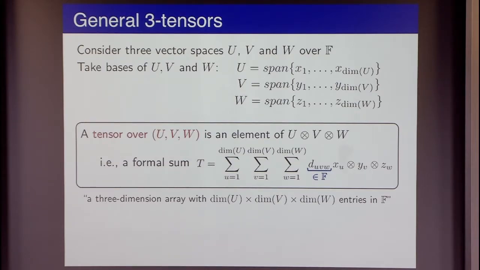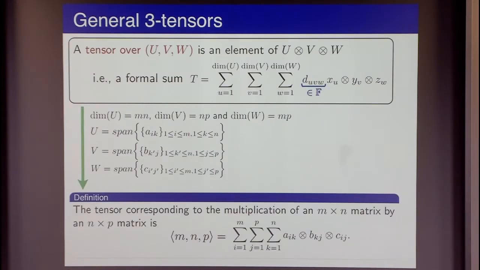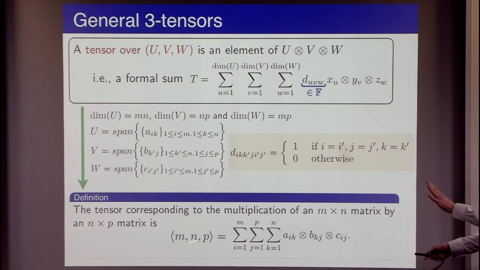Generally, an element of these vector spaces can be written as a formal sum of this form if you consider a basis of the three vector spaces. And this is the definition I gave of the tensor of matrix multiplication for the case where the dimension of U is mn, the dimension of V is np, and the dimension of W is mp, through this basis and these coefficients. Okay, so it's the same tensor as in previous talks.